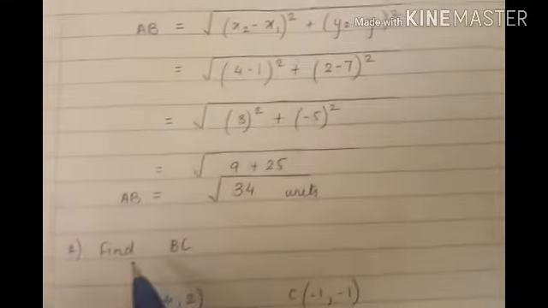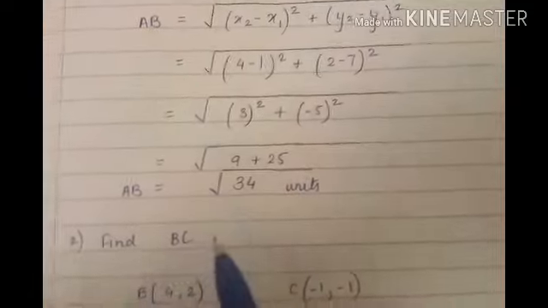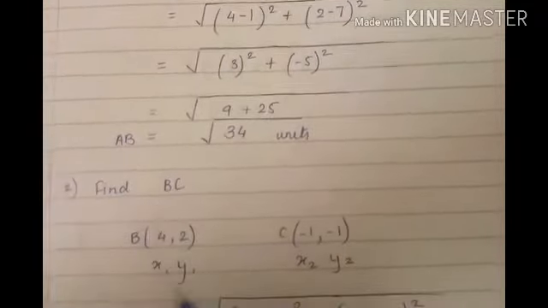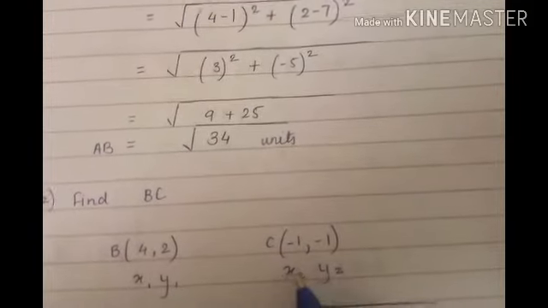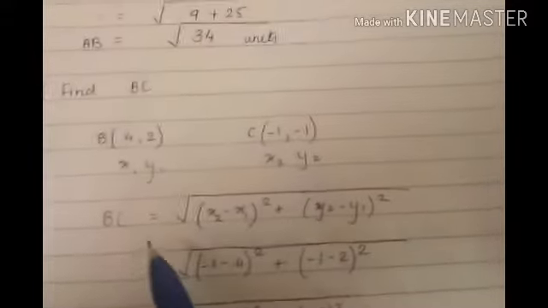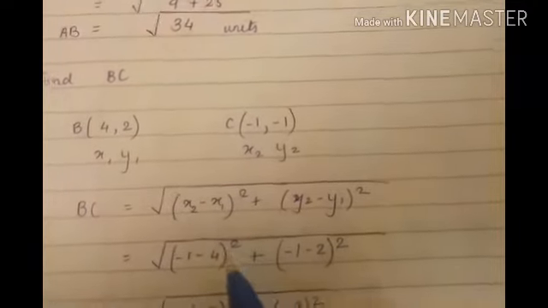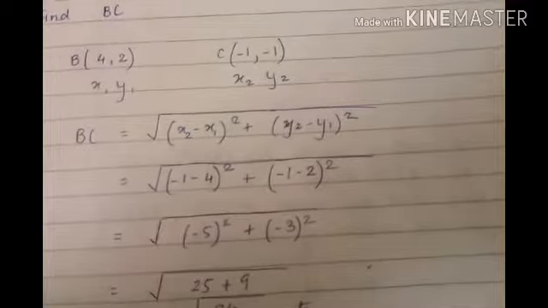Similarly, you now find the other side, BC. B is (4, 2), C is (-1, -1). So this is x1, y1, this is x2, y2. You again use the same formula. Till here it's coordinate geometry; from here onwards it is basics of maths.